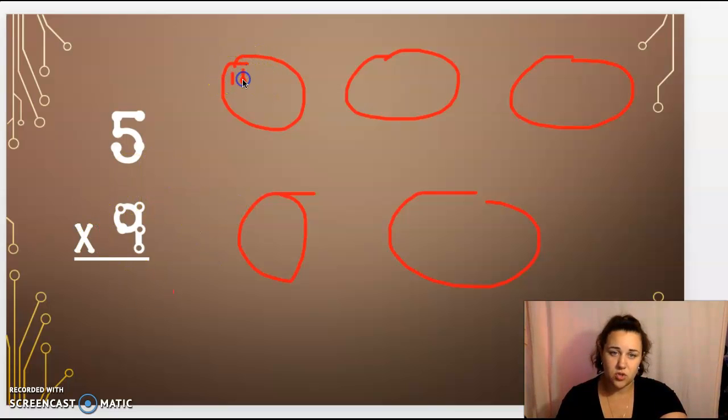So 1, 2, 3, 4, 5, 6, 7, 8, 9 in each of the groups.